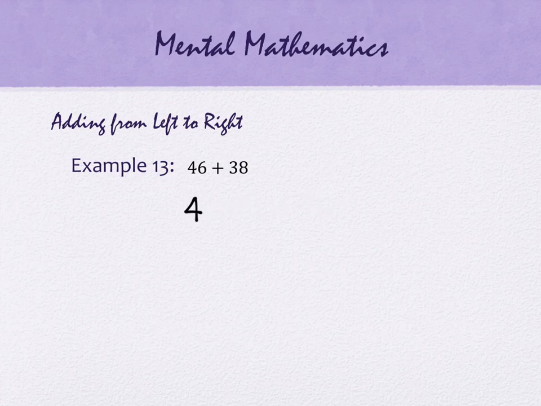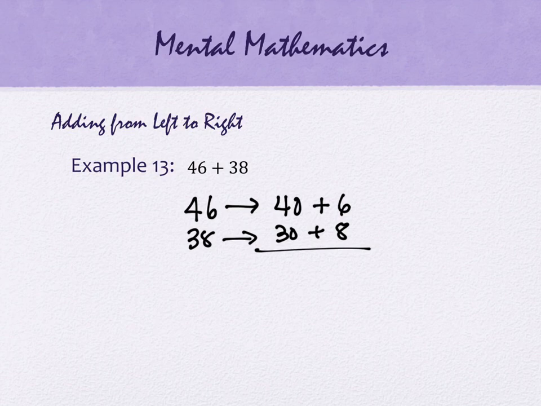That's the next one, which is breaking up and bridging. Here's what we do, taking it back. 46, we are going to break 46 up into 40 plus 6. And then we break up our 38 into 30 plus 8. So this actually feels a lot like doing the expanded algorithm that we did before. And we add these together.